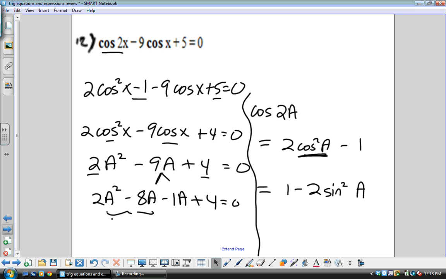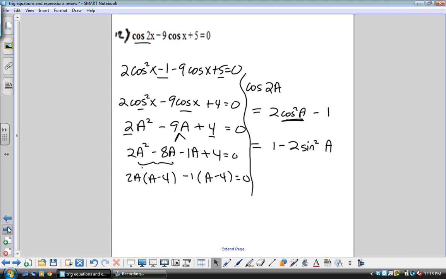Now to my first group here, I can factor out a 2a, so that'll leave me with a minus 4. Factor out a negative 1 here, so that'll also leave me with a minus 4. So we'll have a minus 4 times 2a minus 1. So a is 4, and then a would be a half.